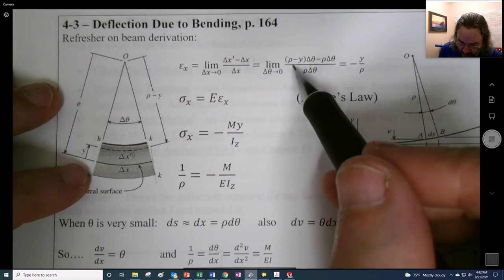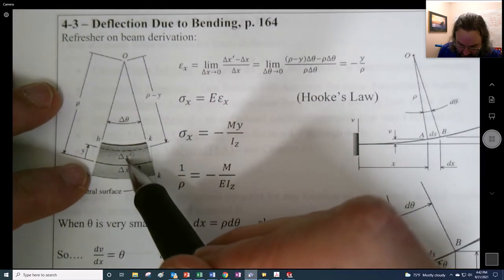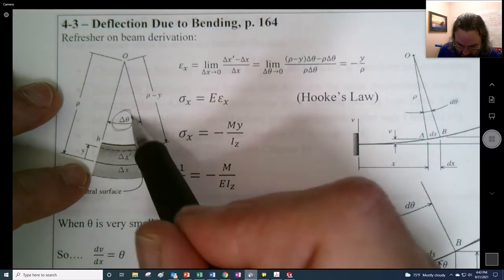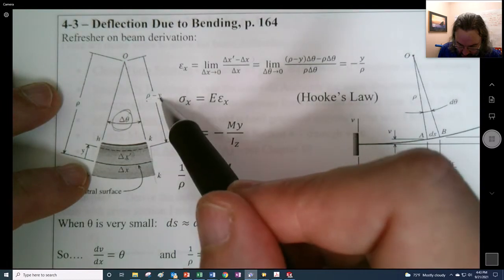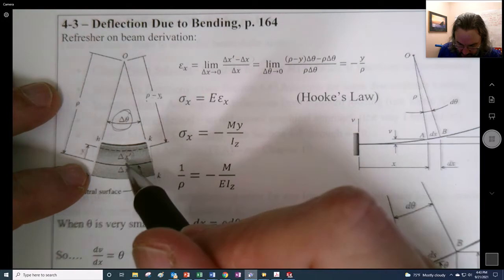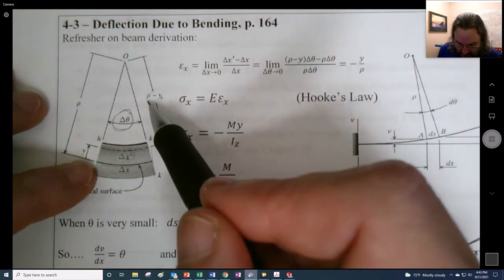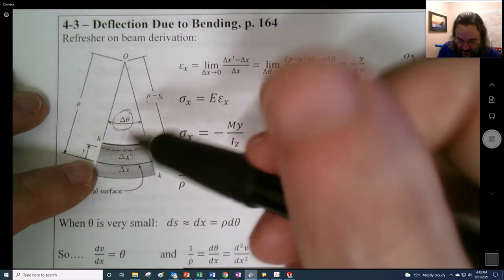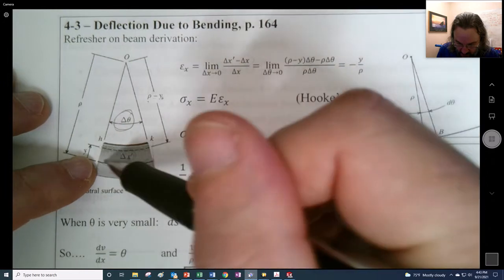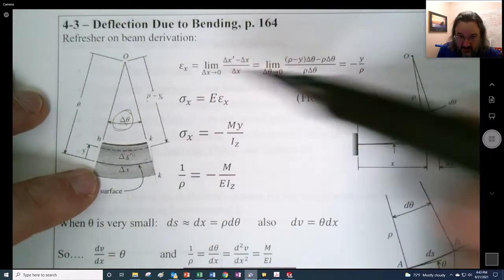If we wanted to find the length of this thing, we would take this delta theta and multiply it by rho minus y. I said p, I meant rho minus y, so that's just the distance up through there. If we want to find the original length, it's just going to be rho times delta theta.